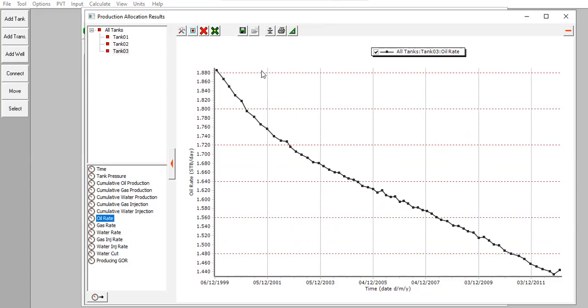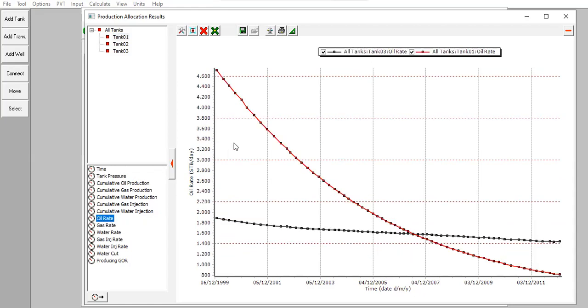The first tank, here you can see, has the highest productivity index, but the in-place size is the lowest, so the first tank will show the fastest production decline and fastest reservoir pressure decline. All right, click close.